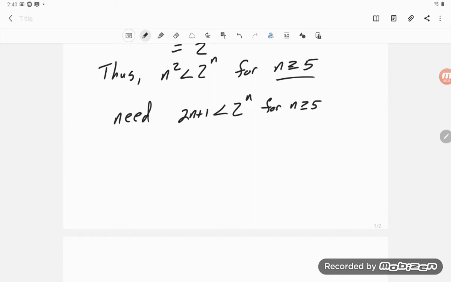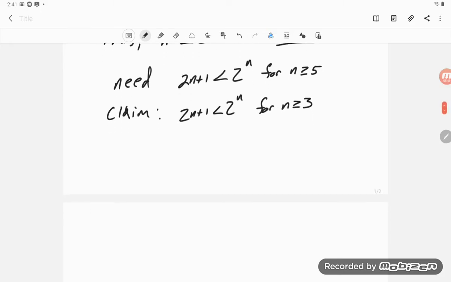However, I think we can show it's true for n greater than or equal to 3. So here we have a claim, and that claim is that 2n plus 1 is less than 2 to the n for n greater than or equal to 3. And so again, we'll use induction.